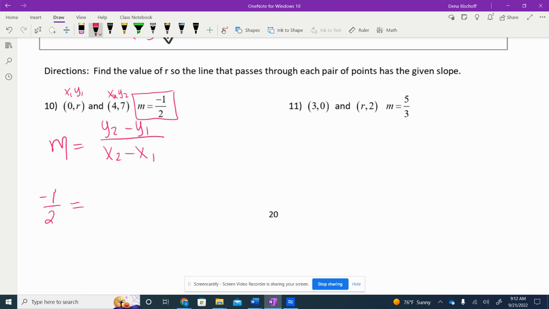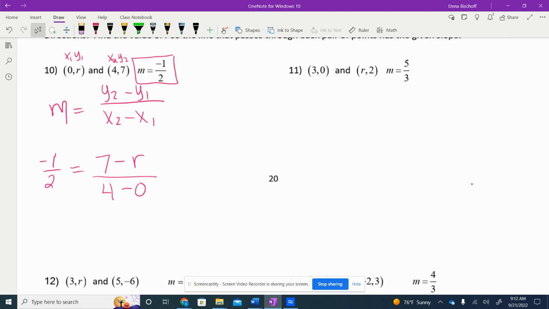So y2 is 7 minus y1, which is r, over x2, which is 4, minus x1, which is 0. I just want you to think about, we just need to solve this to find out what r is, right?